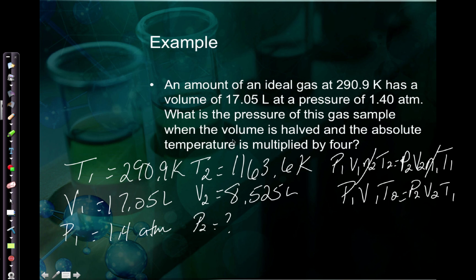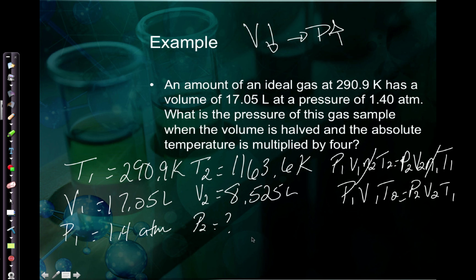If I have a volume that's halved, I know that pressure and volume are inversely related. So that means that if volume were to go down, then pressure should go up. If the volume goes down by 2, the pressure should go up by 2.